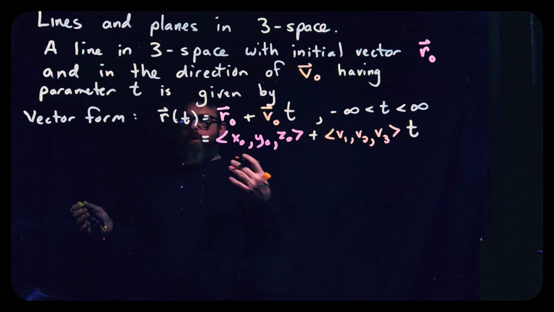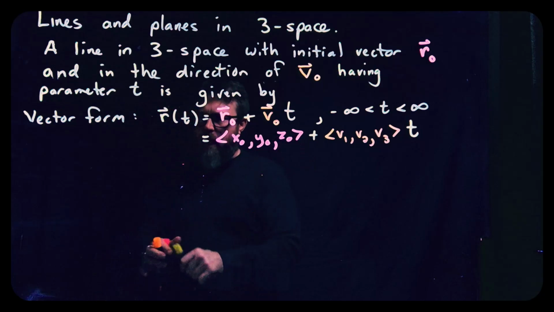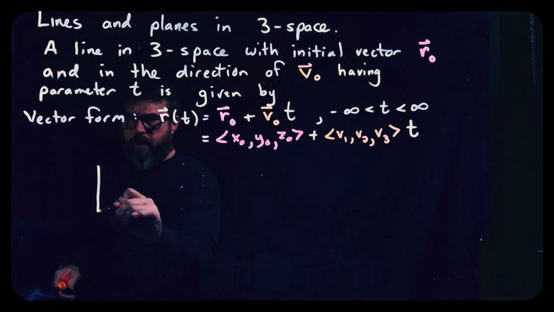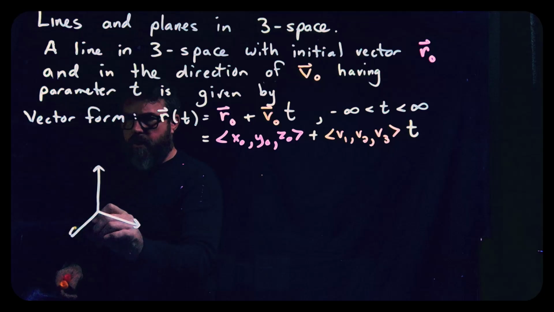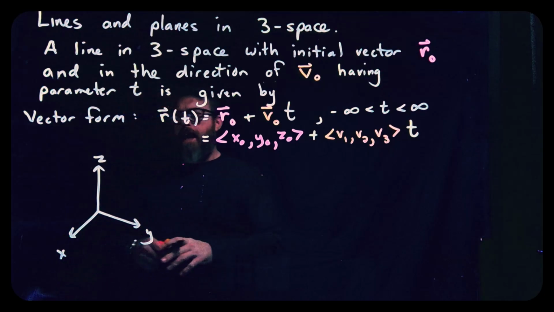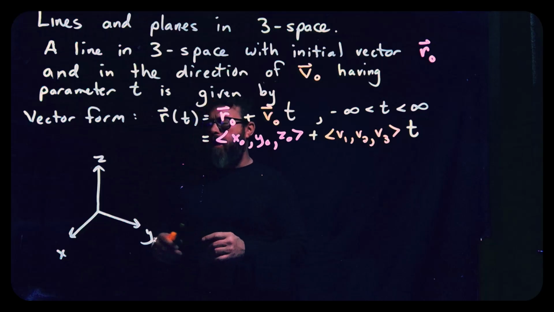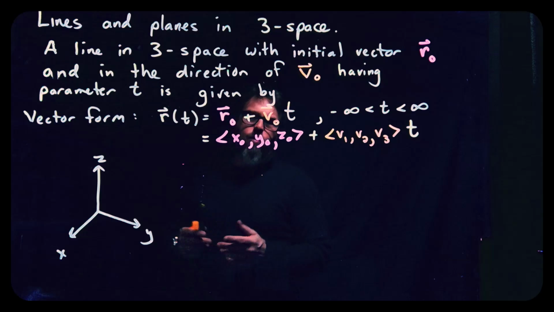So I'm going to give it to you graphically so you can have an idea what this means, and then we'll write this in another way as well. So what we have is, in 3 space, your x, y, z axes. And if you remember back in algebra, we'd ask, what things are needed for the equation of a line.